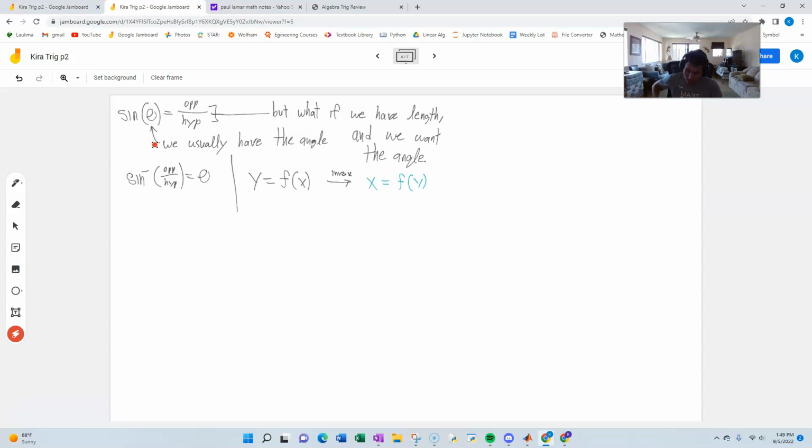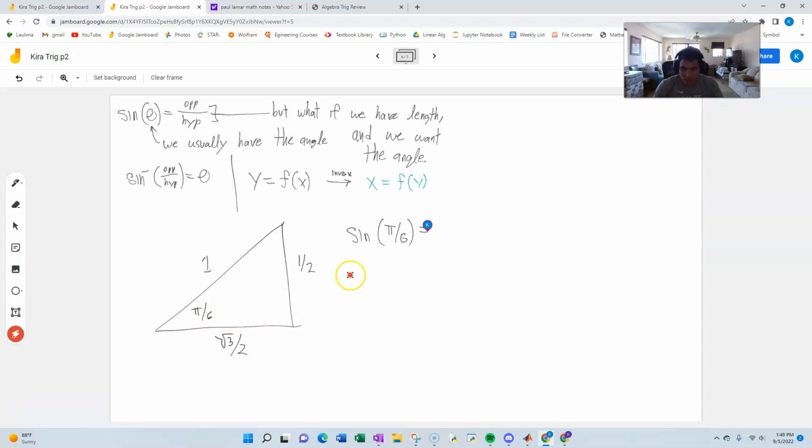Let's do some easy examples here. We're going to call this pi over 6 because we're so familiar with that. 1/2, square root 3 over 2, and 1. I just stole this from the unit circle. So if I ask you, what is sine of pi over 6?